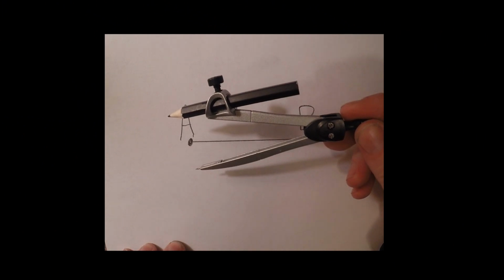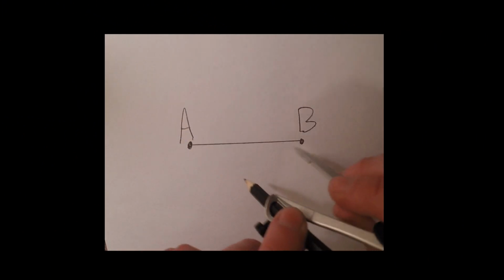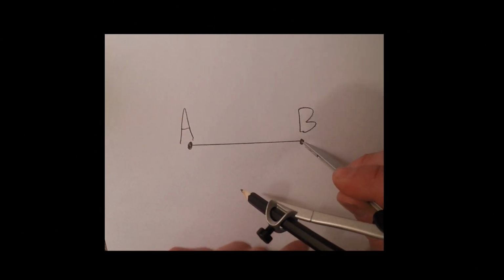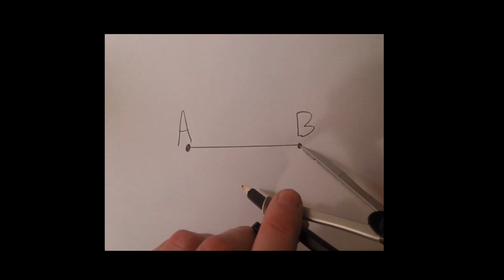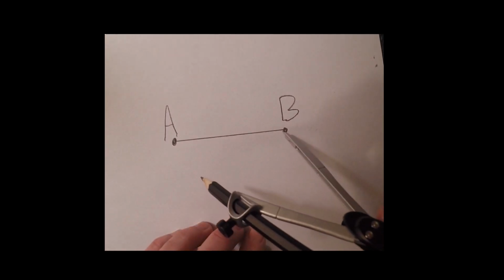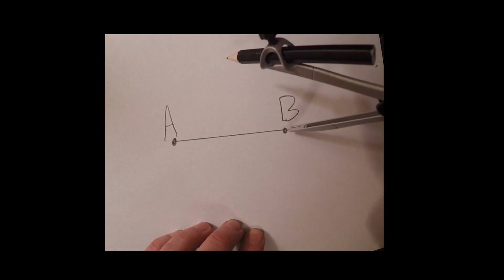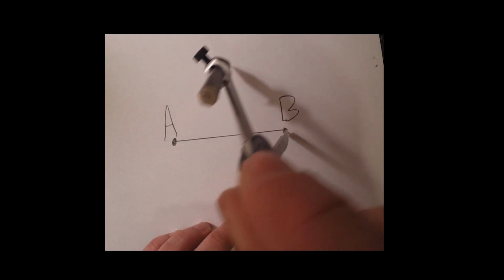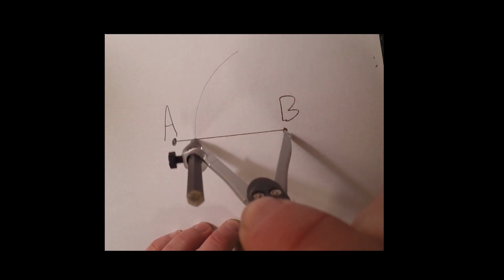Now we're going to make a perpendicular segment bisector. We're going to position the compass on point B and extend the pencil so that it's beyond the midpoint of the segment. It needs to be beyond the midpoint. Now we're going to make an arc.